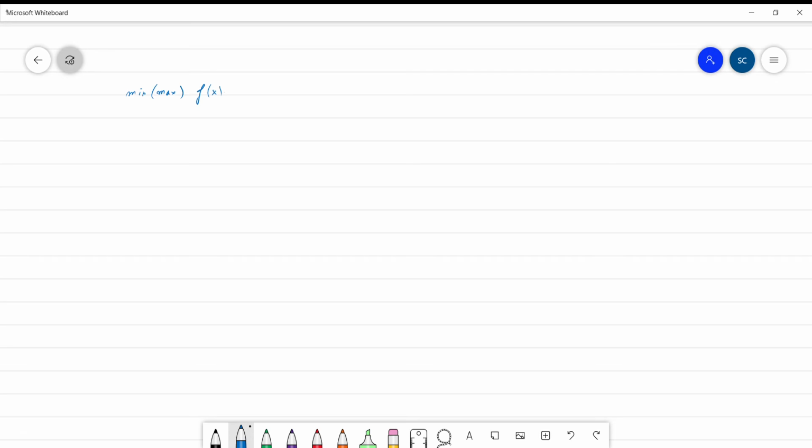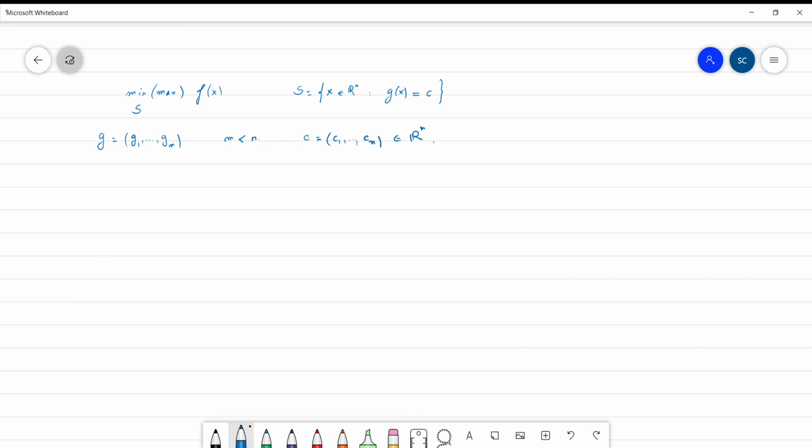This set S is described by the set of x in Rn such that g of x is equal to a constant, where g can be a vectorial function g1 to gm, with m less than n, the dimension, and c is a constant vector c1 to cm belonging to Rm.